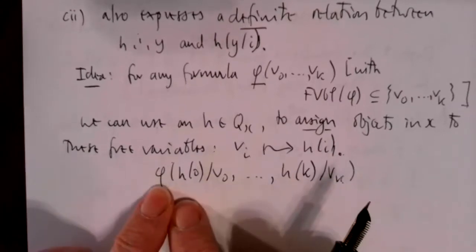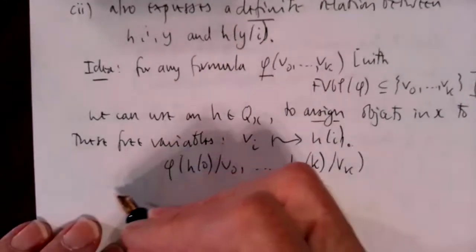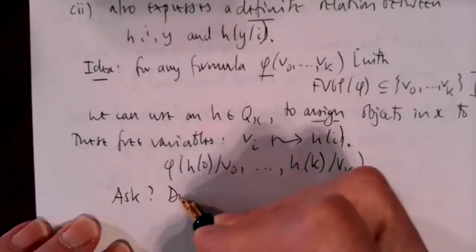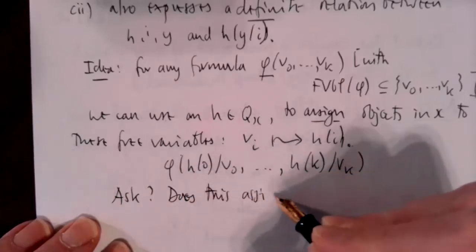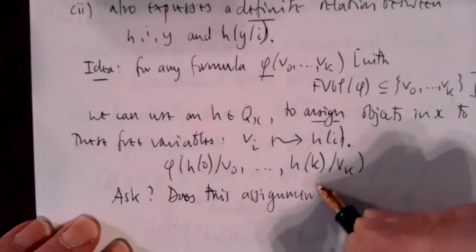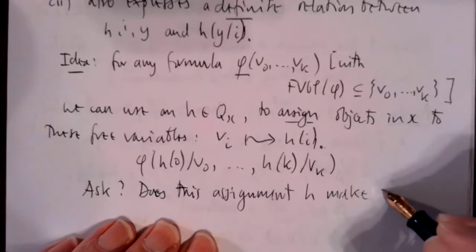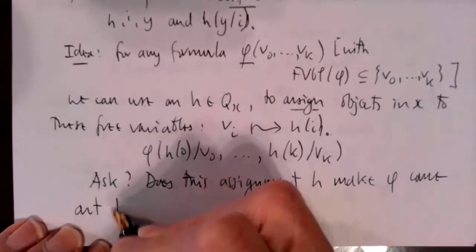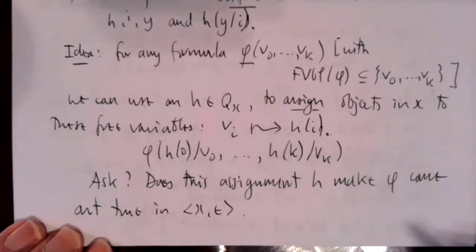So now this formula says something about these things in X. And we can ask whether this assignment h makes phi come out true in the structure X epsilon.